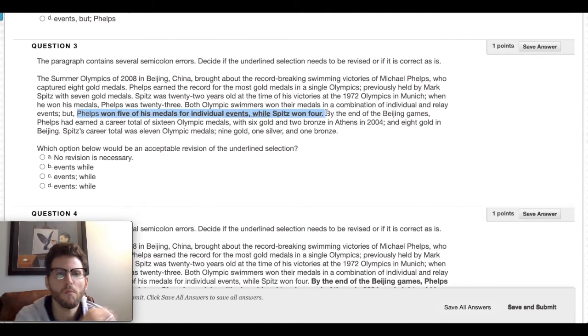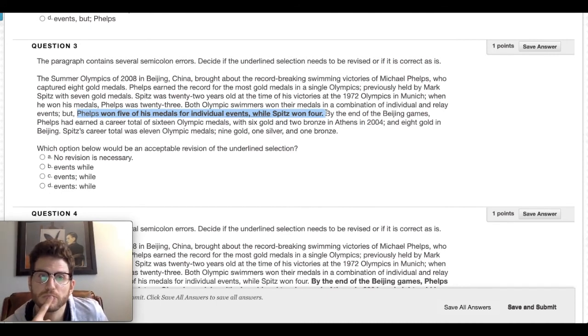We've got a comma there, and because this is a semicolon exercise, we can ask ourselves: does a comma work there, or do we need a semicolon? Would a semicolon work?